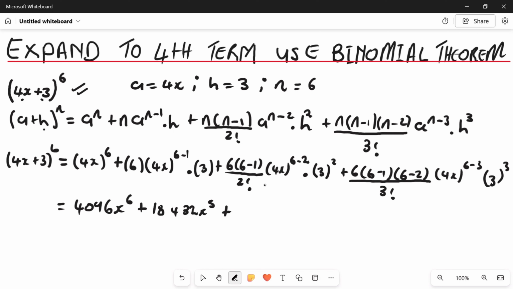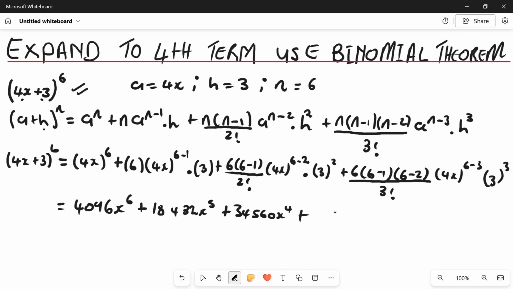Remember guys, when you do this, do not forget that this 4x is the a. And remember, the a is the one that is affected by the exponent there, meaning the 4 is also going to be affected by the exponent as well. So let's do it. So the answer here is going to be 34560x to the power of 4. There we go. This is our third term.